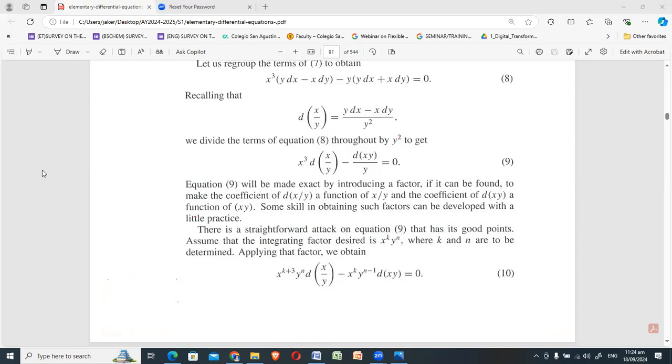What happened here is that you multiplied this equation 9 by x raised to k and y raised to n, and combined with whatever you have here.